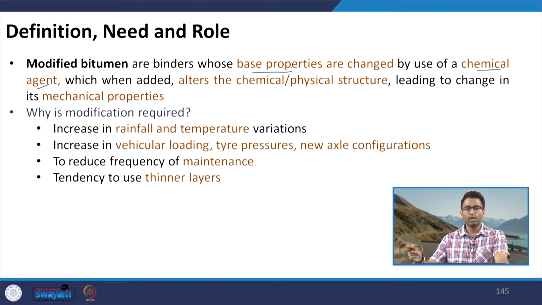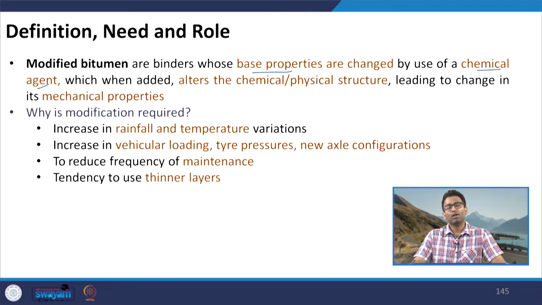So, why do we need modification? For most purposes, conventional bitumen performs satisfactorily in the field. For example, in India, conventionally for the construction of state highways and national highways, earlier we used VG30, and now there is an increase in the use of VG40 bitumen, which are conventional unmodified bitumen.